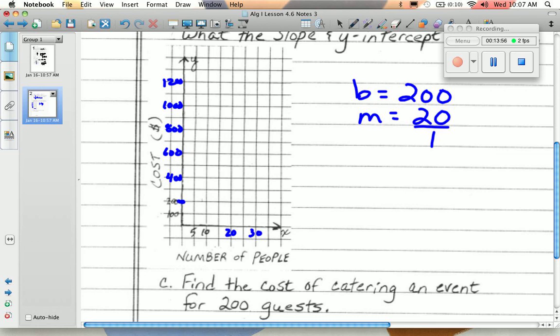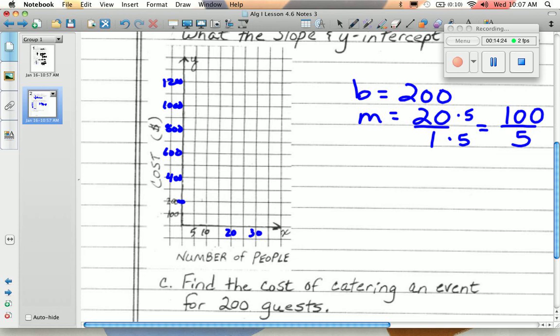We could say, you know what, the x's go by 5, so let's make the run become a 5, because that's what every grid line is. Well, if we multiply downstairs by 5, we're going to multiply upstairs by 5, so that becomes 100. Is that more user-friendly? In other words, we have to go up 100 and over 5.